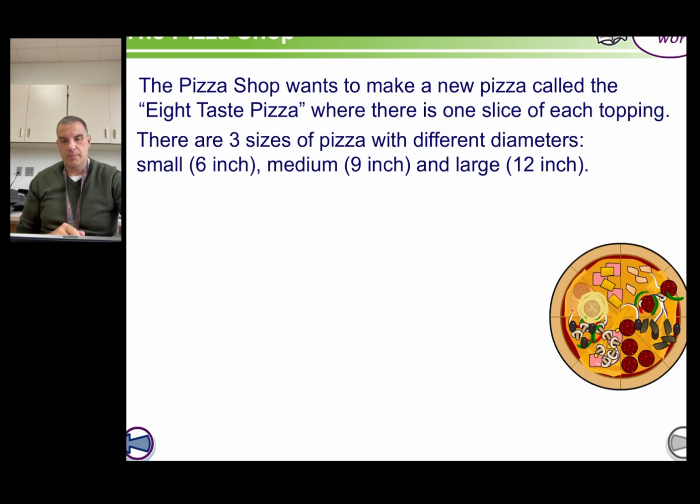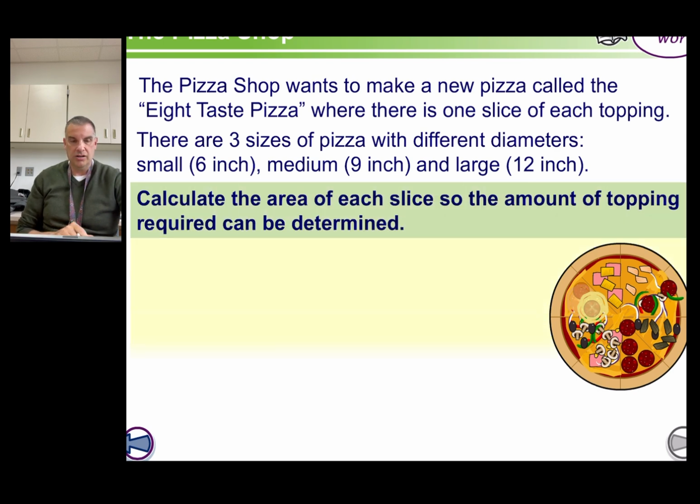The pizza shop wants you to make a pizza called the 8-taste pizza, where there's one slice of each topping. There are 3 pizzas, each with different diameters: small, medium, and large. Calculate the area of each slice so the amount of toppings required can be determined. Let's just do the large.